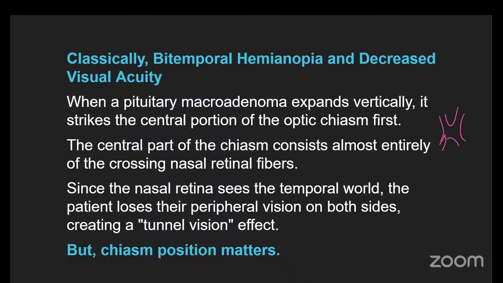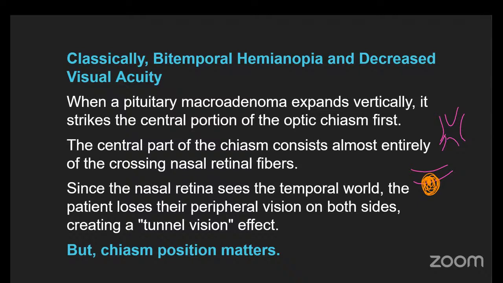When it ends up growing, this is the chiasm, and this is the lesion. This lesion compresses the central portion of the optic chiasm if it is in the normal location. Then the nasal retinal fibers are compressed.